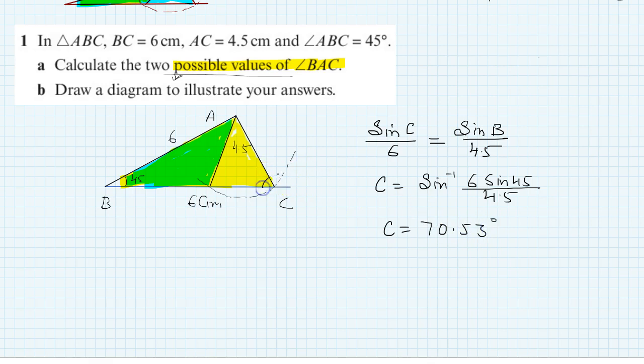So this angle is 70.53. Now we have two angles. This side and this side are equal, so this angle is also 70.53. So angle AC dash B will be equal to 180 minus 70.53.